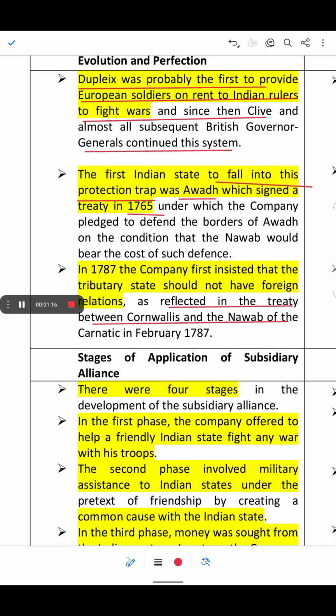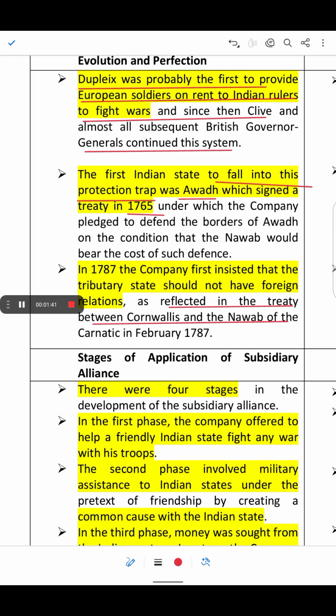The French, led by Dupleix, were among the first to rent European soldiers, so this trend was not new. It was the French who had rented European soldiers to Indian rulers. Later, the British under Clive and subsequent Governor-Generals continued this practice.